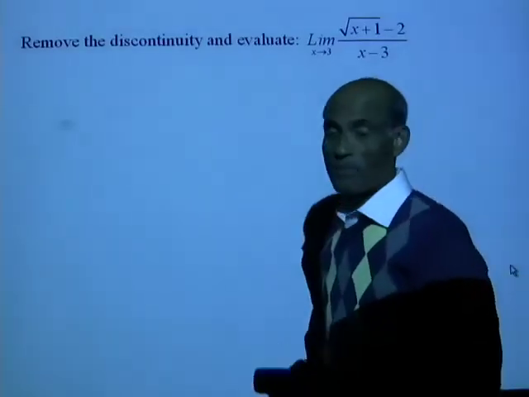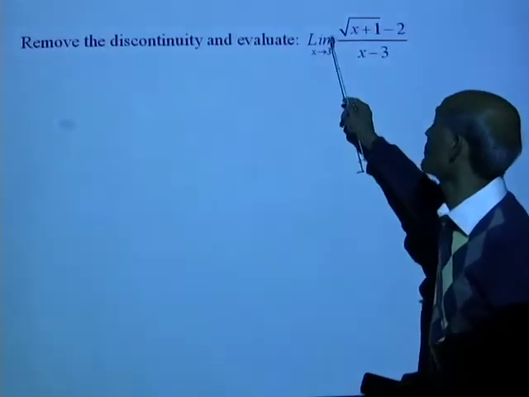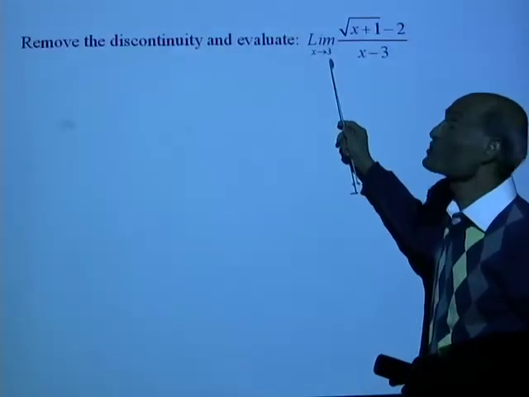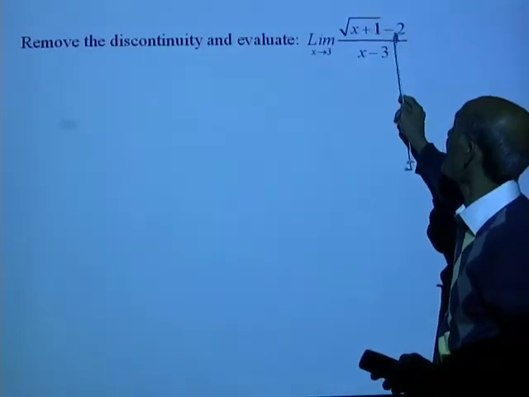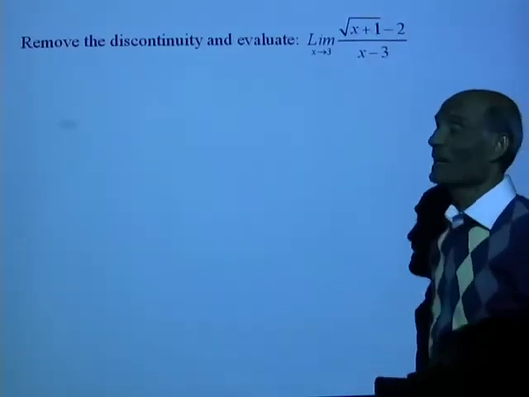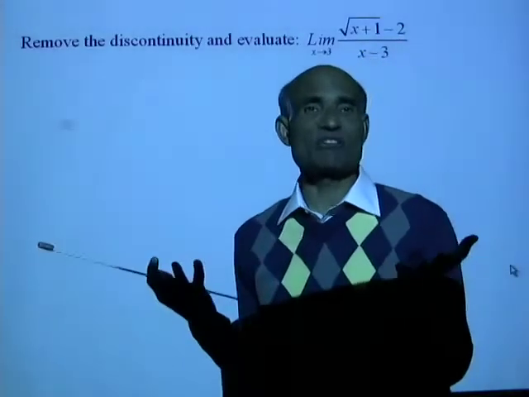Another one. Remove the discontinuity and evaluate the limit. Limit x approaches 3 of square root x plus 1 minus 2 over x minus 3. Well, this is a unique example.